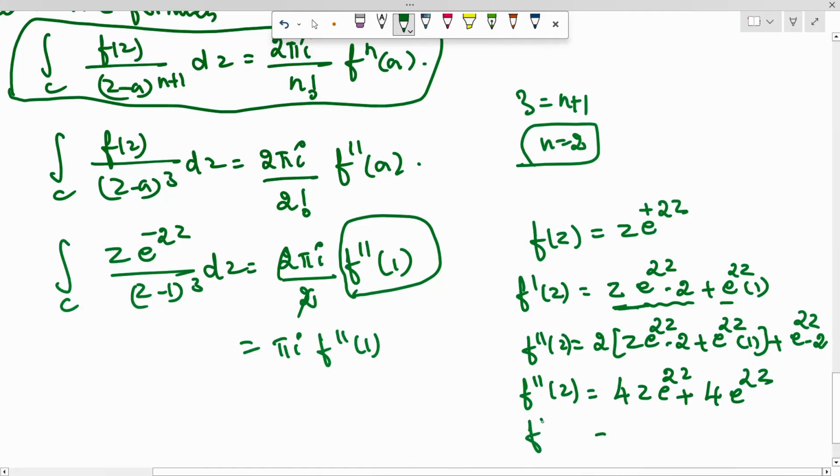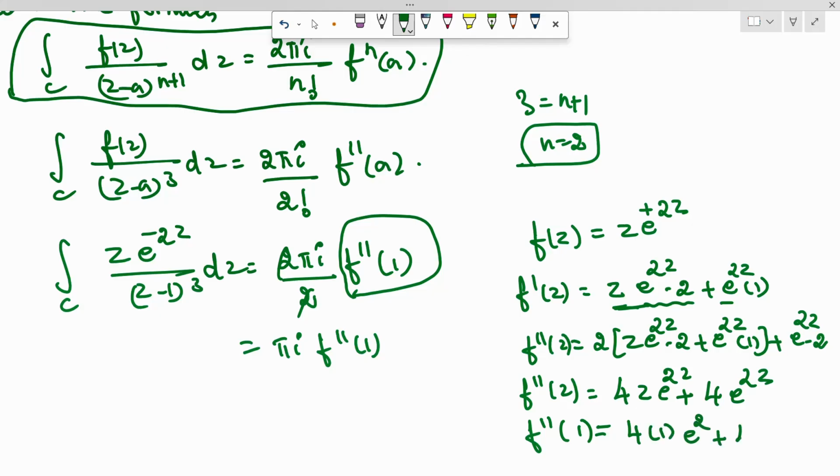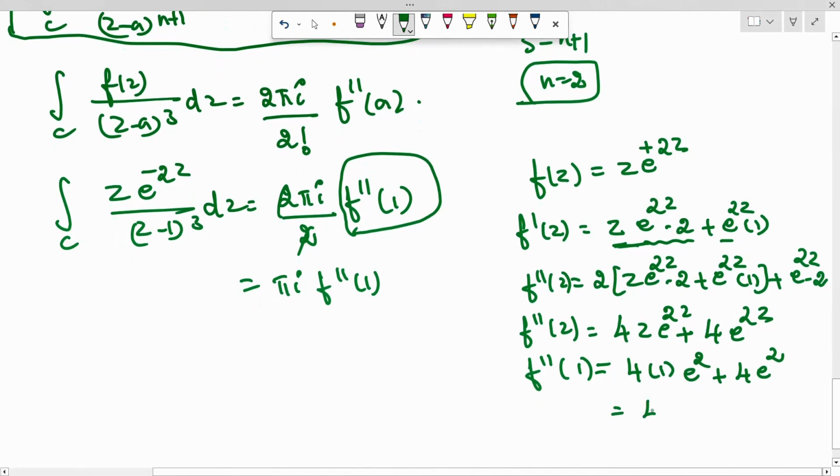From this we can easily calculate f double dash of 1 value. Substitute here z is equal to 1: 4 into 1 into e power 2 plus 4 into e power 2. Therefore, 4 into e square plus 4 into e square. If we are adding these two terms, we are getting 8 into e square.